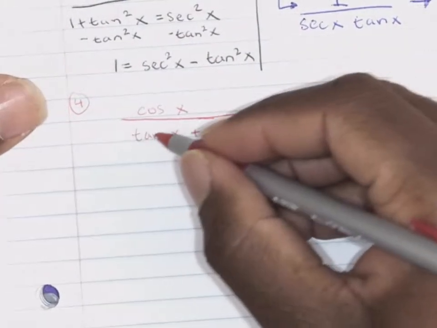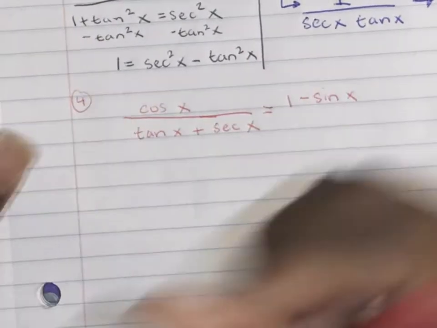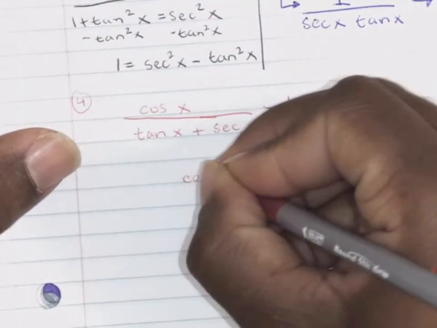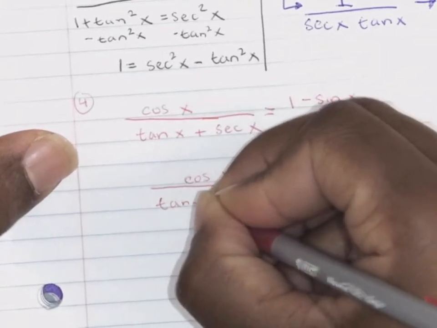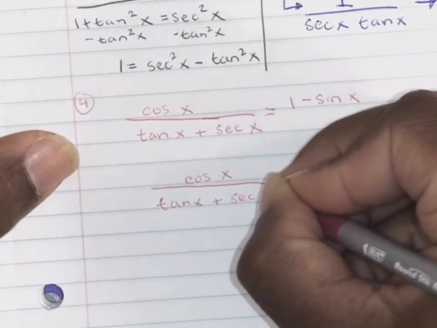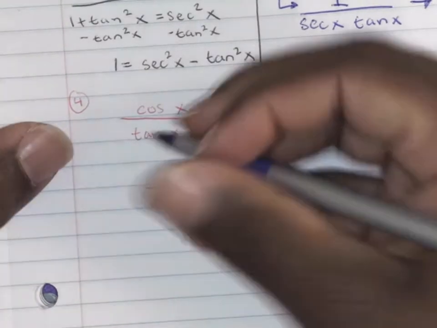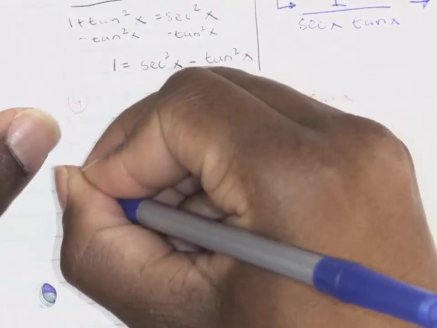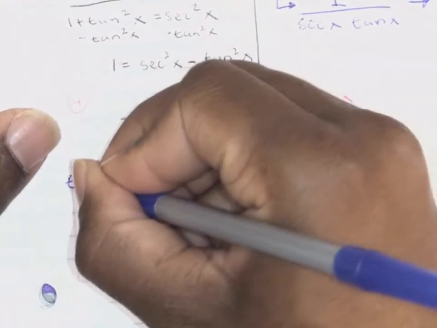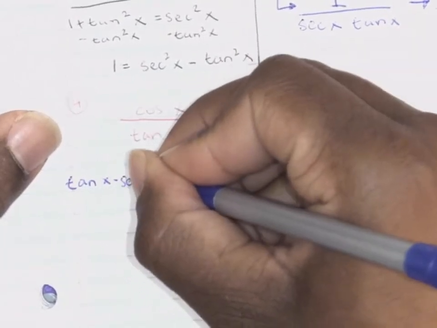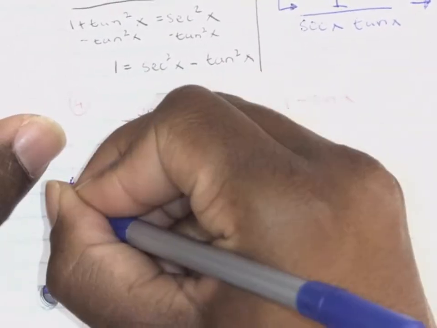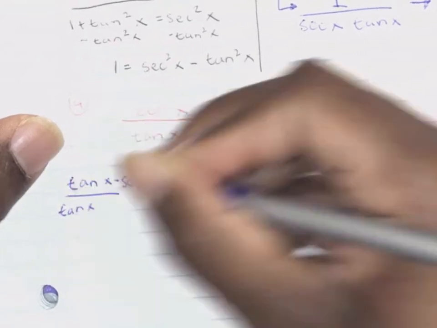So I'm thinking I'll rewrite what we got on the bottom. And I'll multiply the top and the bottom by the conjugate. And so the conjugate is the same terms that are on the bottom, but you just change the middle sign so that the middle terms cancel out.